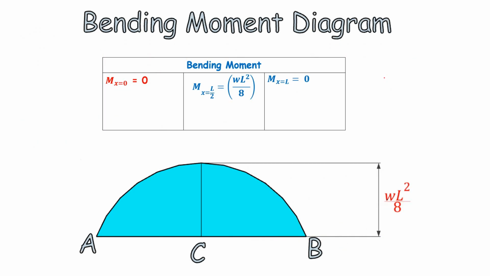So this is shown to you here by the tabular column. After calculations, we end up with M at x equal to 0 as 0, and M at x equal to L by 2 is WL square by 8. And at x equal to L, the value of bending moment is 0.